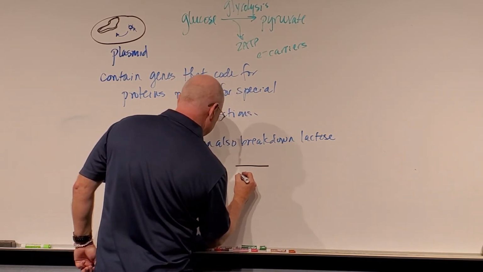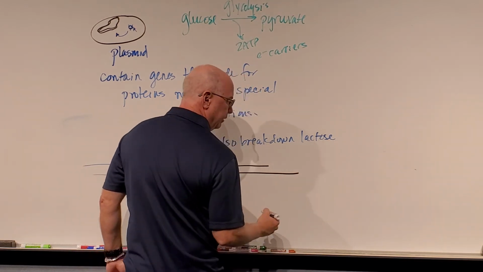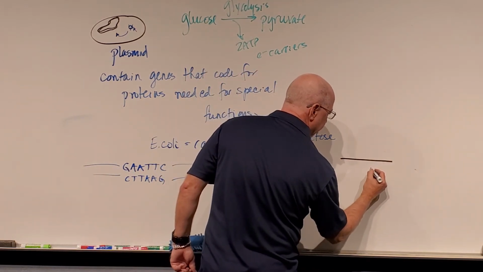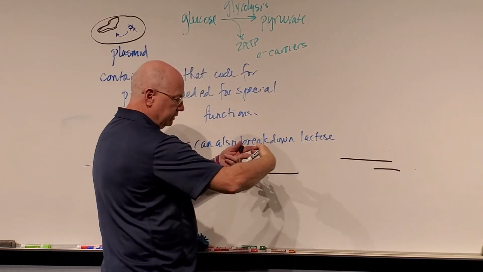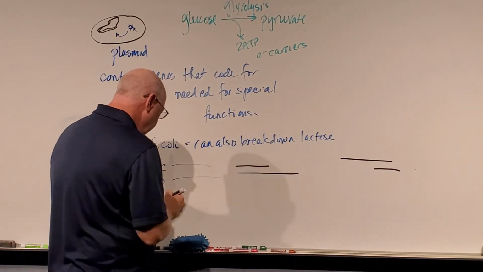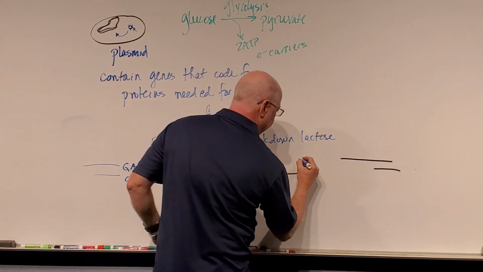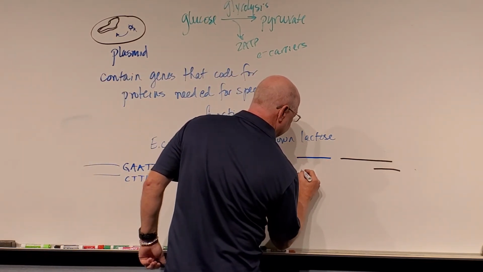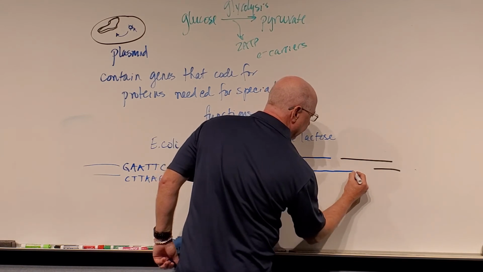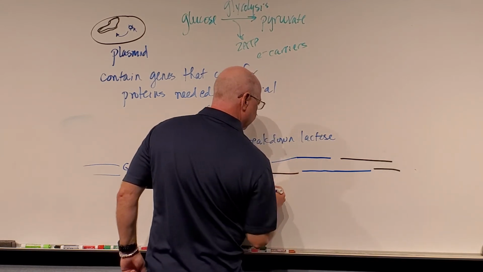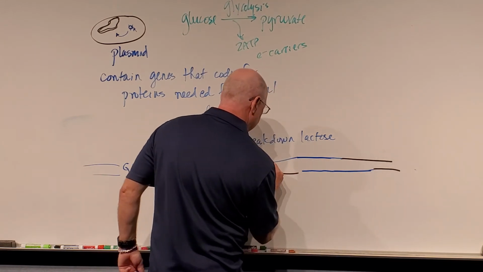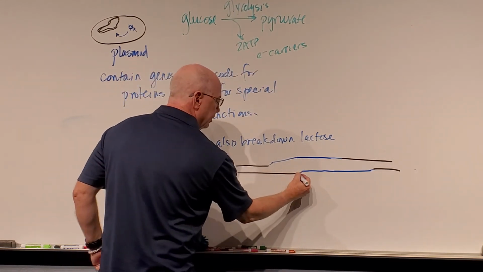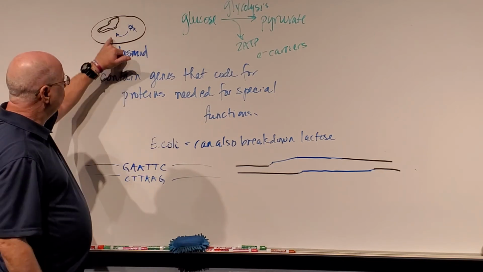I'm going to get my cut and have some overhang here, and I'm going to separate this out to where these two pieces would have the exact matching base pairs. I can cut it and put it back together. But let's say I have a long piece of DNA that has the exact same sequences. Then I could actually fuse the plasmid DNA with the chromosome.